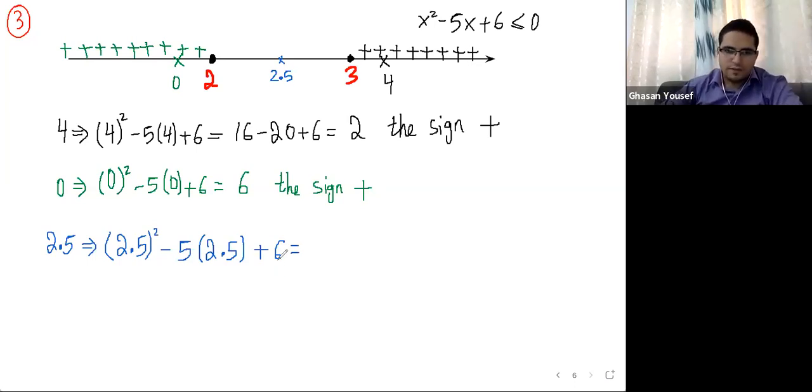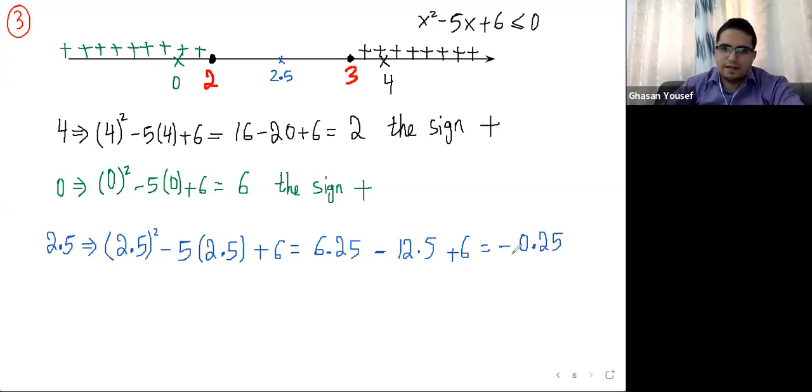Here 2.5 squared is 5 over 2 times 5 over 2, or I can do 2.5 times 2.5, which gives me 6.25, minus 12.5 plus 6. And the answer here would be minus 0.25.